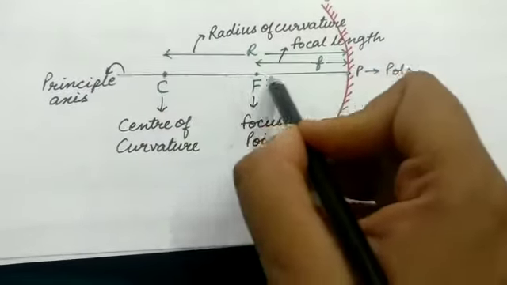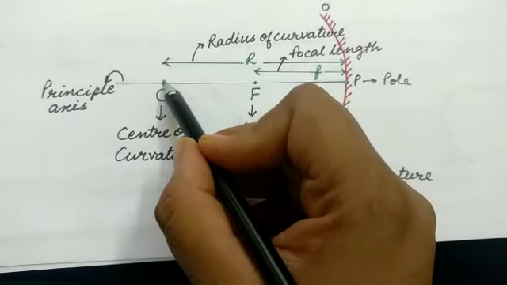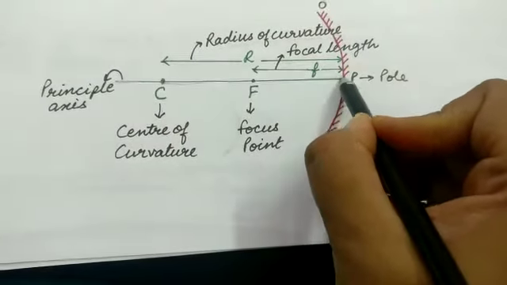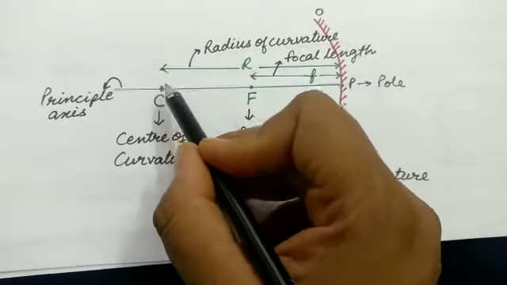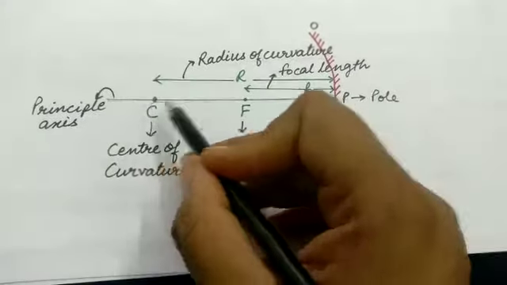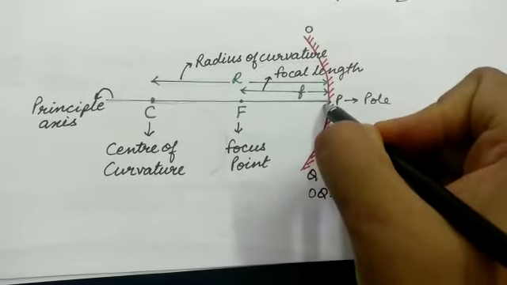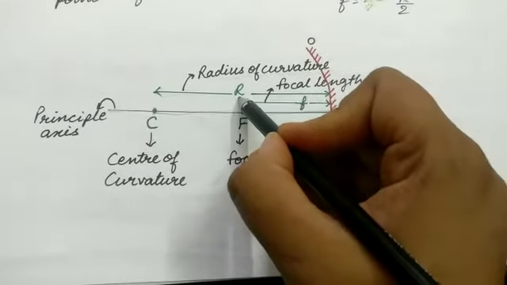Because it is the center, and the distance from the center to the periphery is the radius, it is also equal to the radius of the sphere. It is called radius of curvature, and it is denoted by capital R.